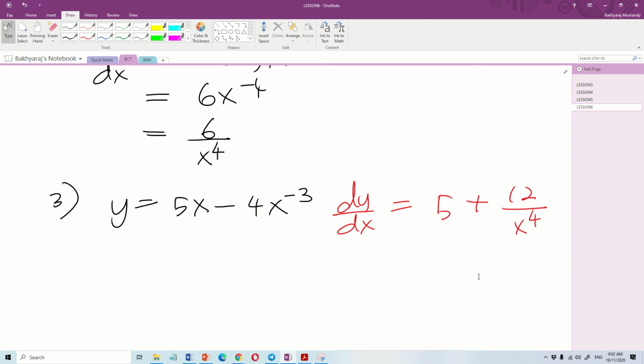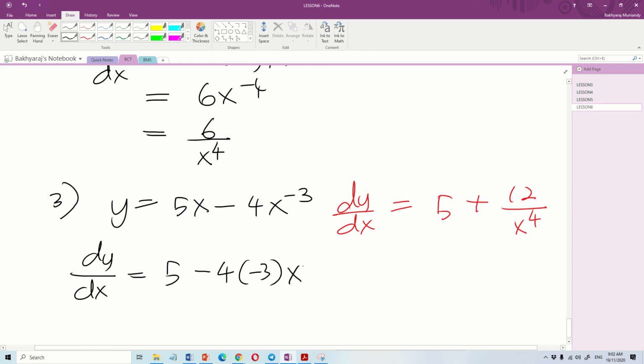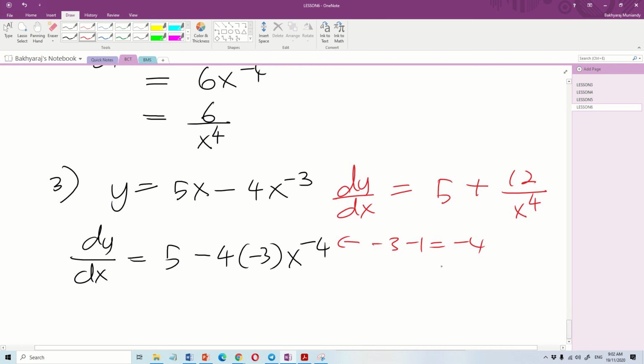Okay, so style dia ialah you kena buat apa? You kena buat y. So dy/dx kita dah boleh terus differentiate dia. dy/dx adalah sama dengan 5, plus negative 4 times negative 3 x power of negative 4, because negative 3 minus 1 you get negative 4. Okay, itu yang dapat. Once you get that, then you can go for the answer.